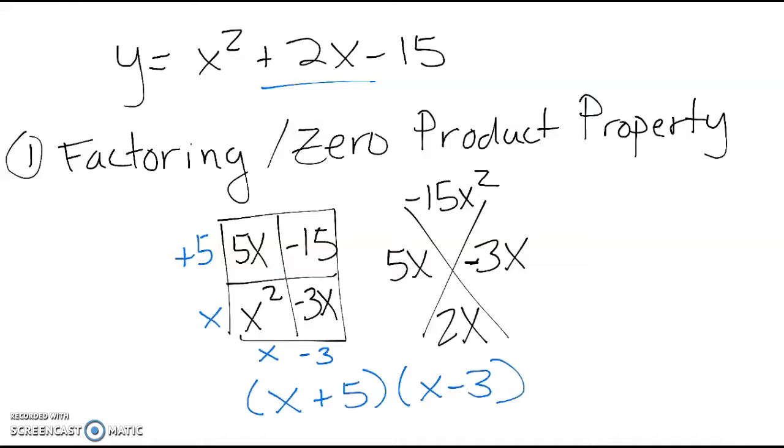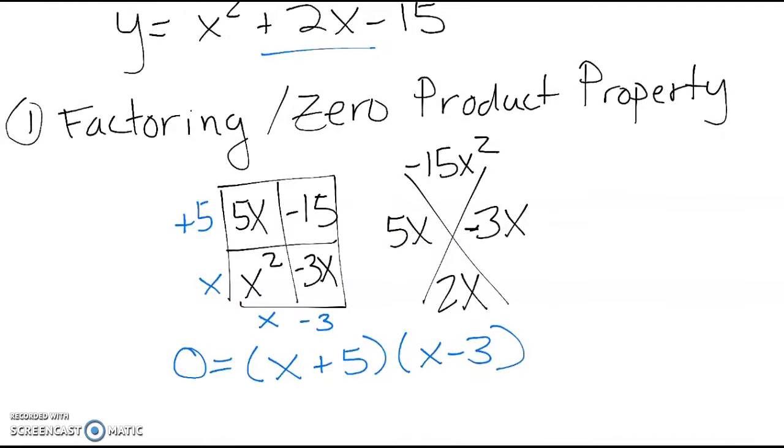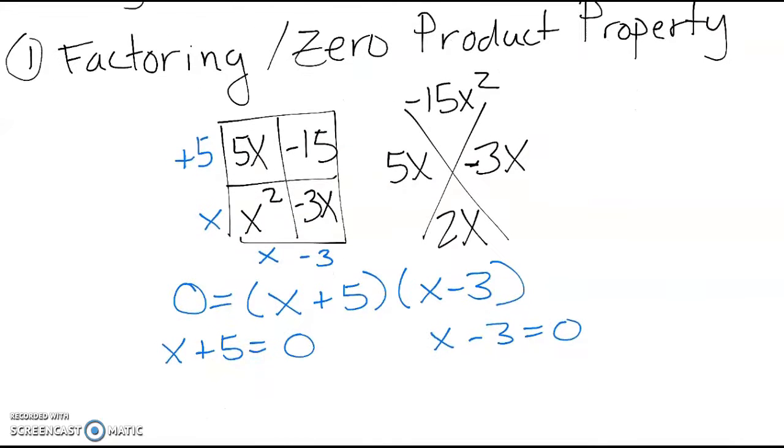Since I want to solve this and find the x-intercepts, I'm going to replace y with 0, because my x-intercepts happen where y equals 0. Using the zero product property, I'm going to take each of my factors and set them equal to 0 and solve for x.